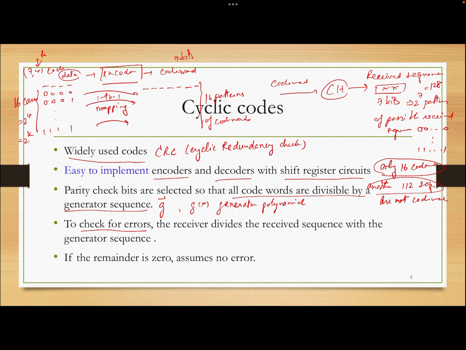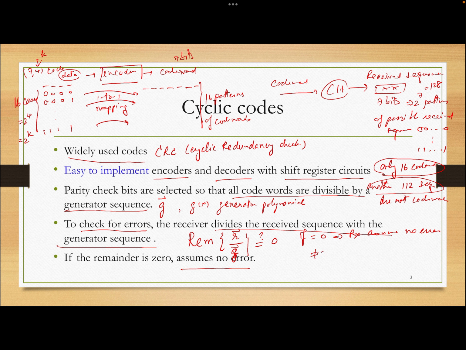So what do they do? The receiver will divide the receive sequence by the generator sequence. It will find the remainder of R divided by G, and check whether it is a zero vector or not. If it is equal to zero, the receiver assumes no error.